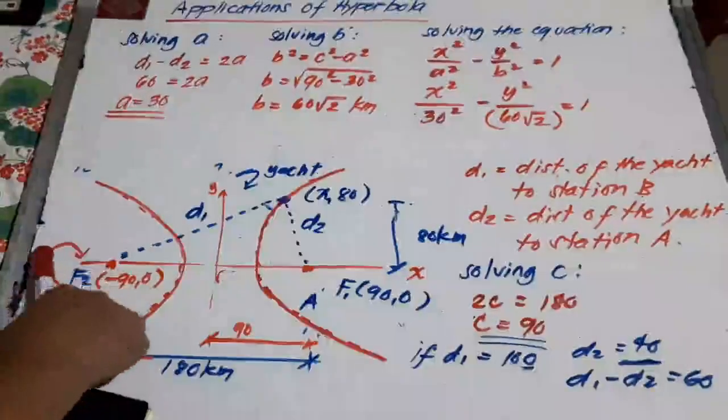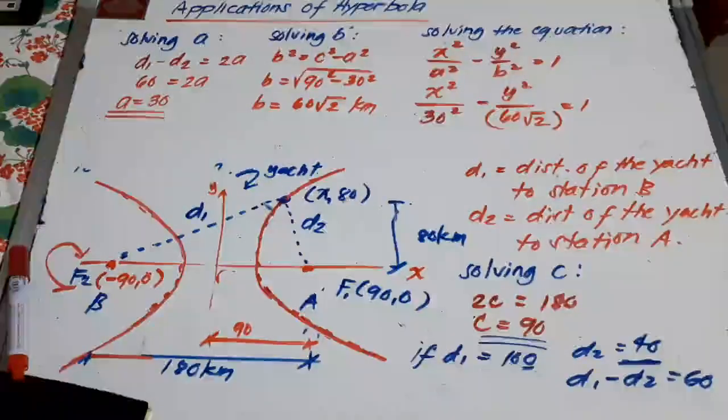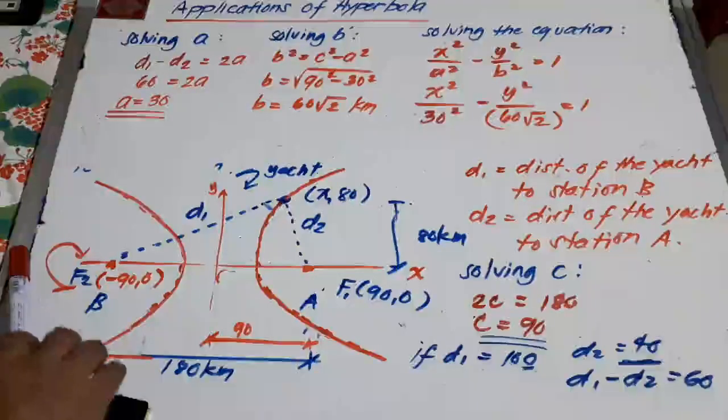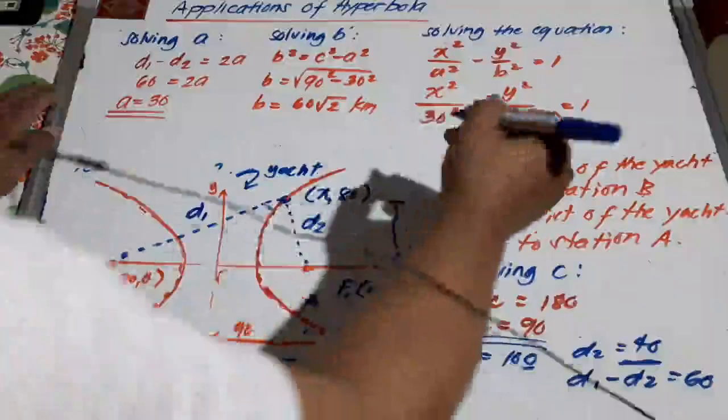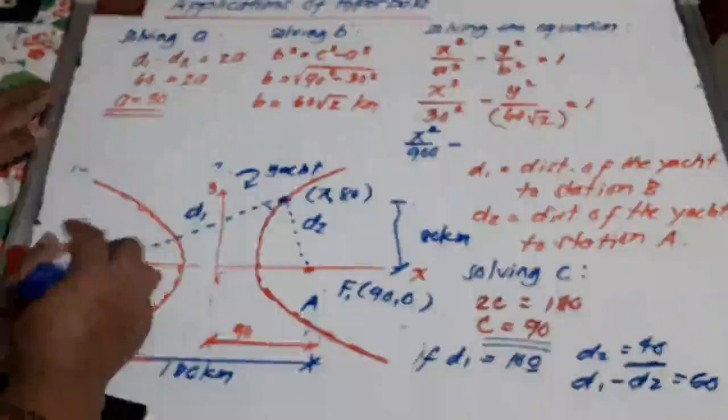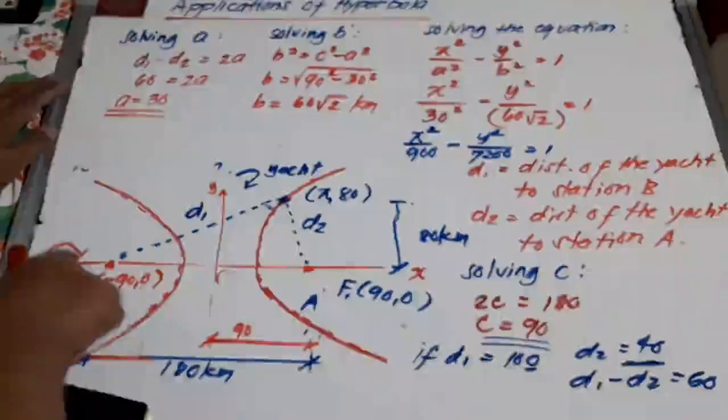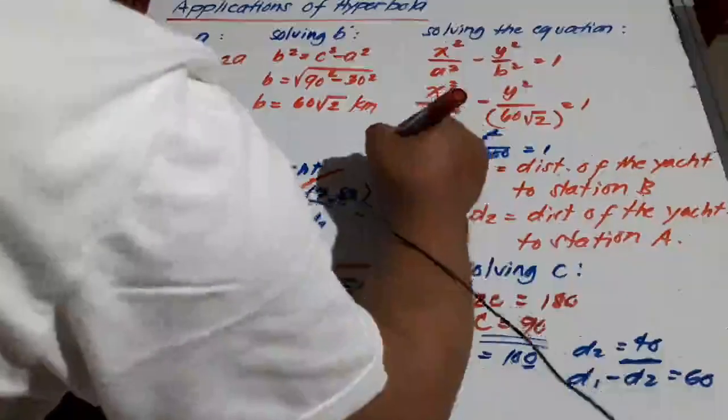Okay? So, that will be, the equation is x squared over 900 minus y squared over 7,200 equals 1. Okay. So, meron na tayo na equation ng hyperbola.